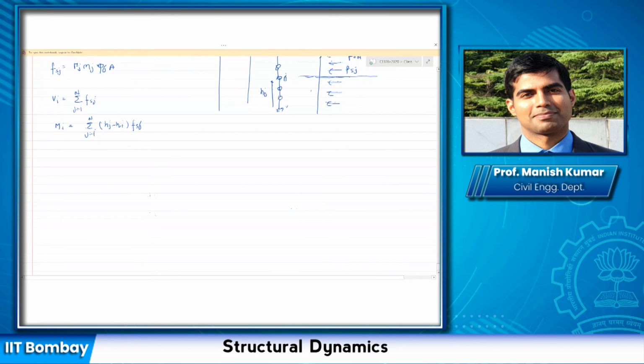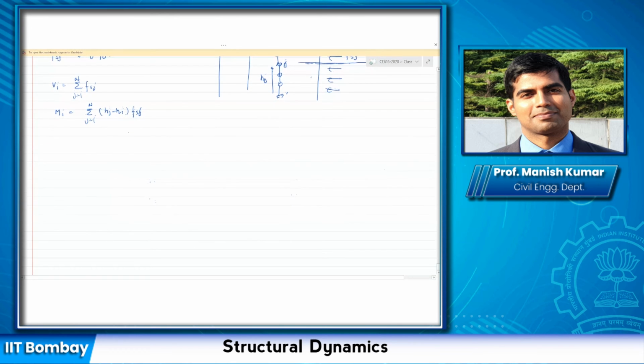Now, if you're considering these values at the base, just put i equal to 0 and then you can get the base shear, which would be just the sum of all the equivalent static forces over all the stories, and the base moment would be again the same thing, the sum of moments due to all these static forces, hj times Fsj, where j is equal to 1 to n.